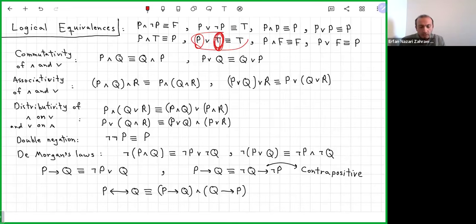So this or is already true. So as you see, or of true with something else is true. Or let's say, for example, this one. Now I have or and a false. Or is true if at least one of them is true. This is not true. So if it wants to be true, this one should be true. So it is equivalent to just P.